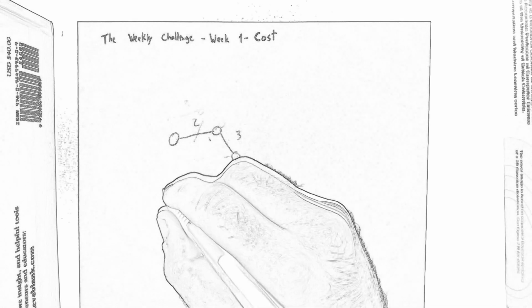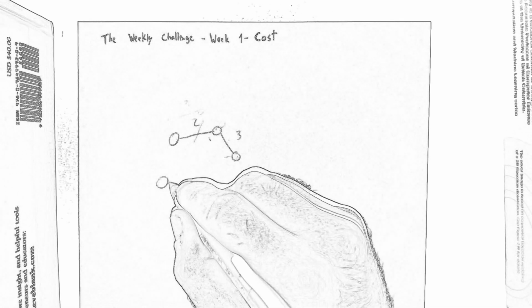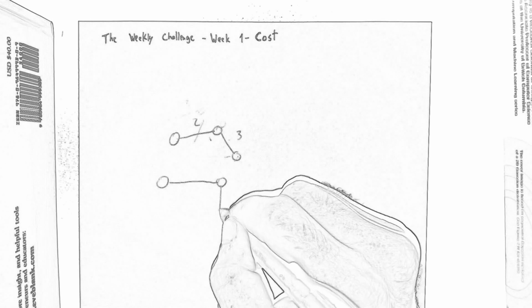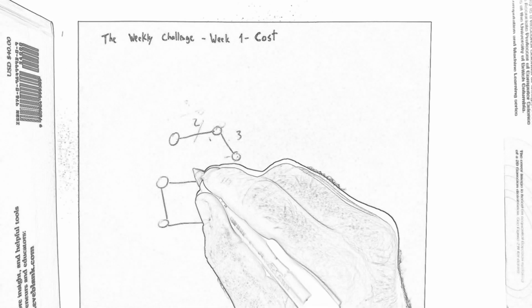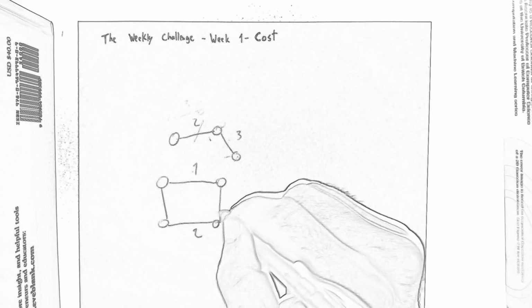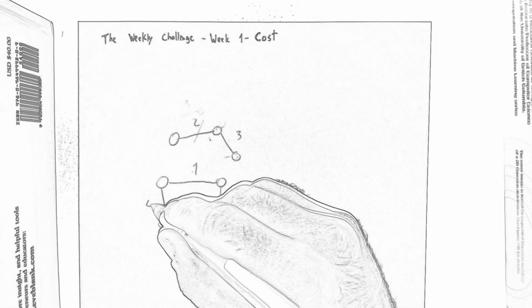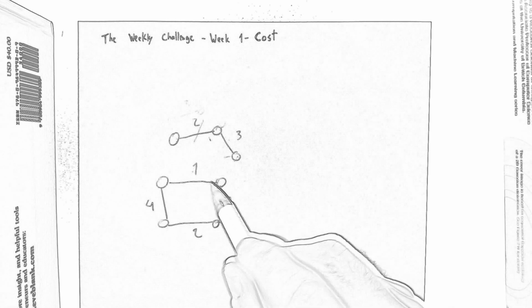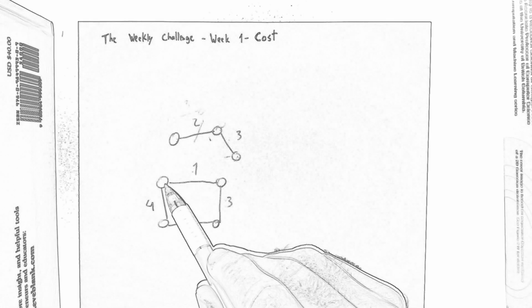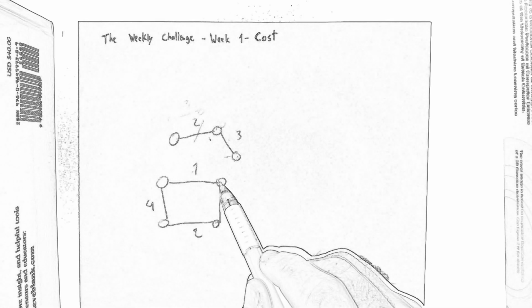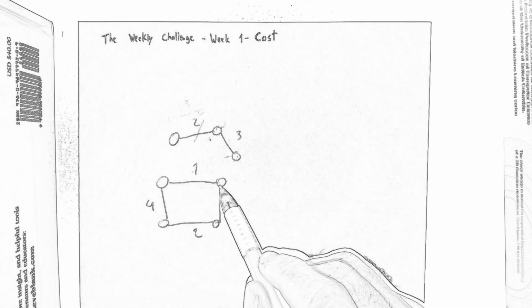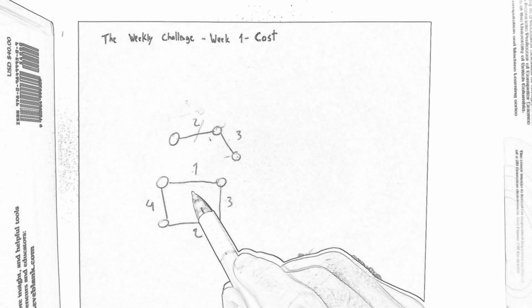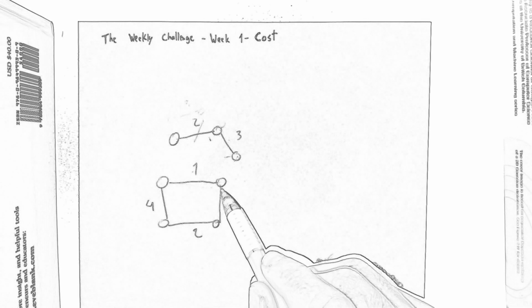Suppose we have a more complex example in which we have two paths. Let's suppose the costs are 1, 2, 3, and 4. If we take this pair of nodes, first we would remove this edge, but there is still a path between the two nodes.